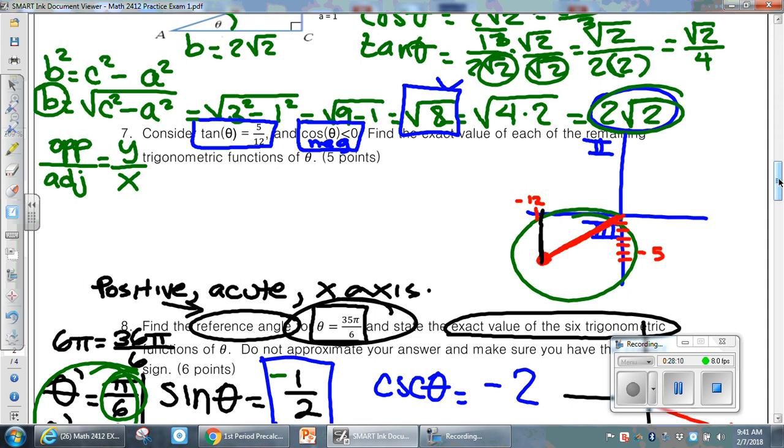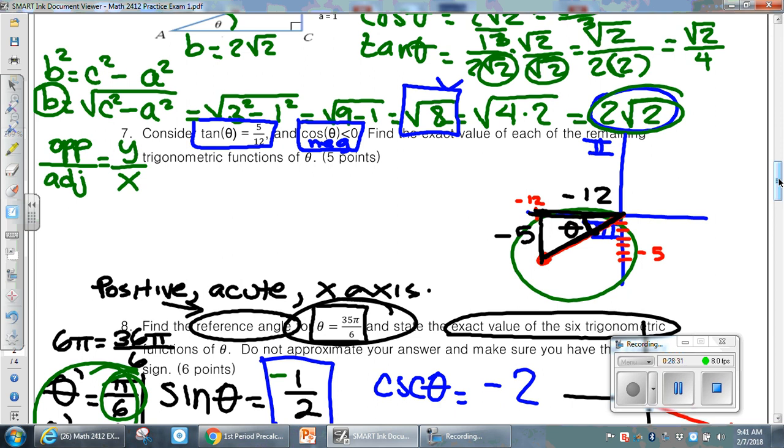So your opposite side, your y, we already agree is negative 5. And your adjacent side to this angle, which is called theta, by the way, is going to be negative 12. Now, the hypotenuse of this triangle is going to be positive, right?